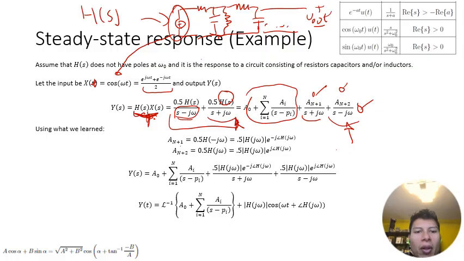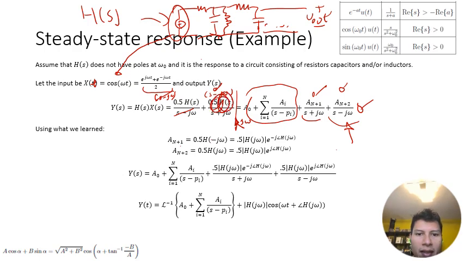So when we multiply this by s minus j omega, the j omegas are going to cancel here, and here they're not going to cancel. And then when I evaluate at j omega, this will be 0, so this will be gone. And so the value of the a n plus 2 coefficient is just half the frequency response.